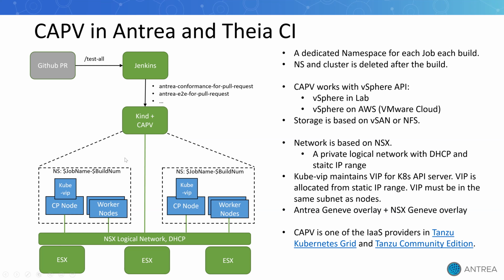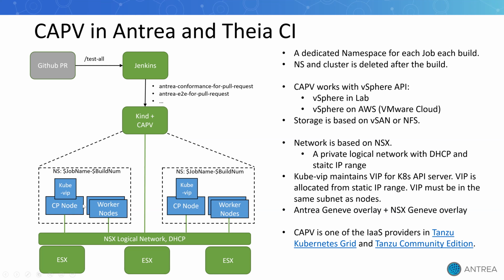So the solution in CAPV, as an open source project, it doesn't want to rely on any commercial load balancer solution. So it's using the kube-vip solution. kube-vip is working in L2 mode, so it will do a leader election on your local Kubernetes API server and maintain a VIP between the control plane nodes.